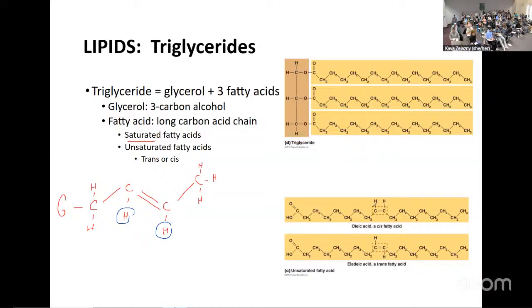So this would be a cis fatty acid, okay? Same, cis. A trans fatty acid still has a double bond, but the remaining hydrogens are across on opposite sides. So those are our different types of fatty acids. You might see any of them in a triglyceride.